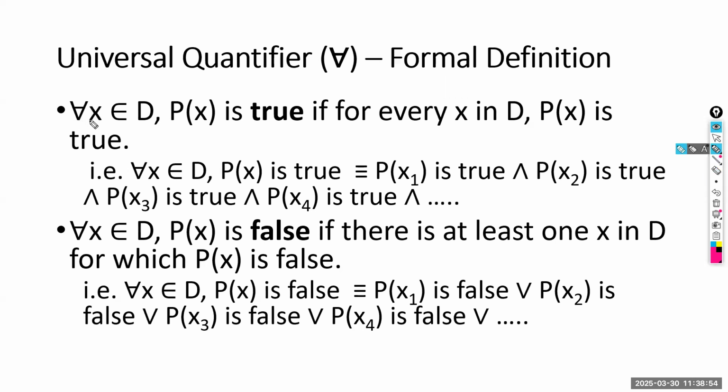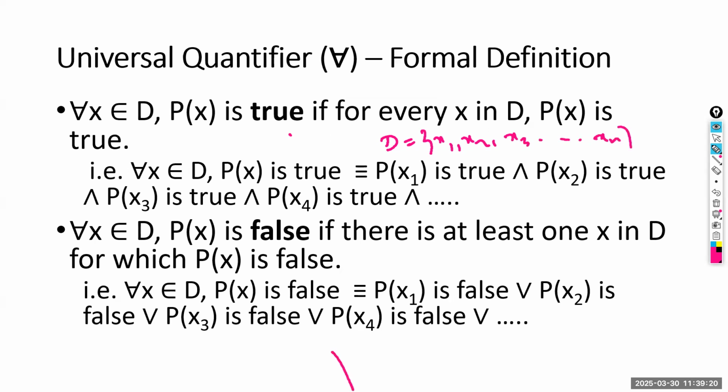For all x in our domain D, the proposition Px is true if for every x in D, Px is true. Say your domain has x1, x2, x3 up to xn.